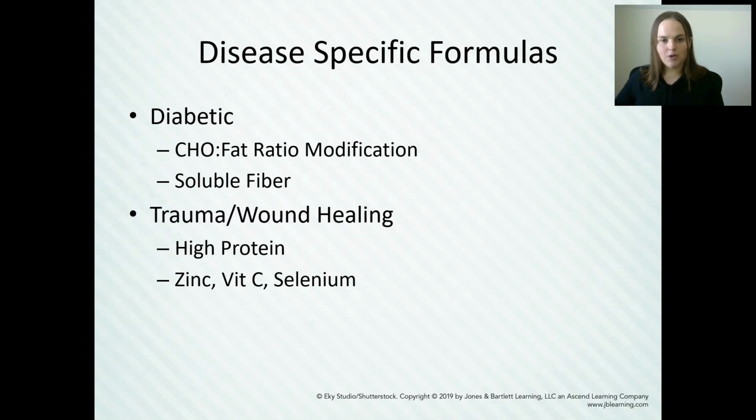And there are some trauma or wound healing formulas that are really high in protein, and some of them have arginine and glutamine to help support wound healing. We'll look at the research on those when we talk about wound healing and trauma.